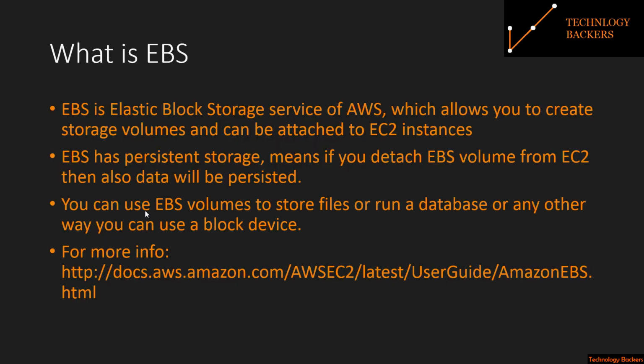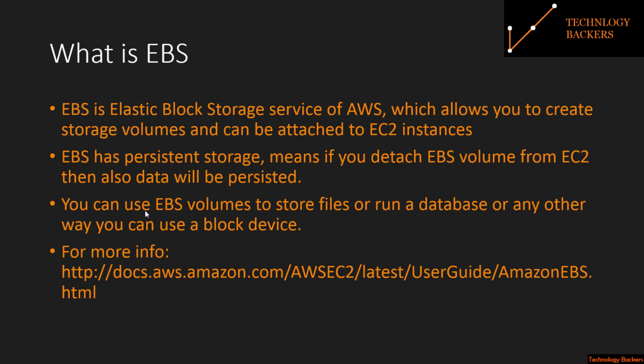So when you start an EC2 instance, or when you create an EC2 instance, you have to attach some kind of storage. Storage can be of two types, either Elastic Block Store, that is EBS, or instance store. EBS is persistent in its nature. EBS is the elastic block storage service of AWS, which allows you to create storage volumes that can be attached to an EC2 instance.